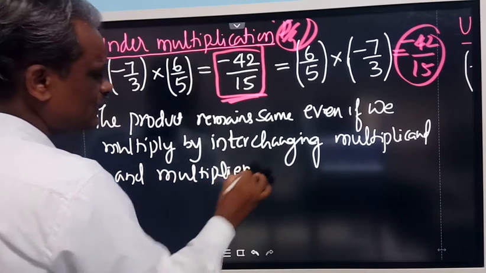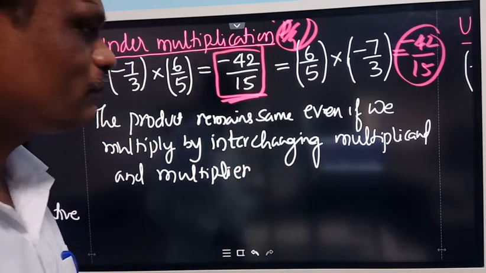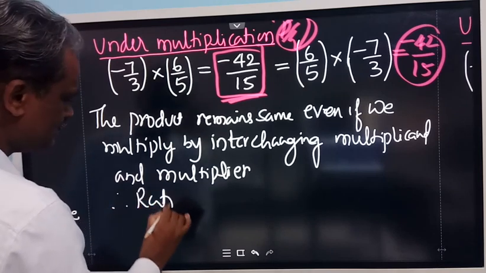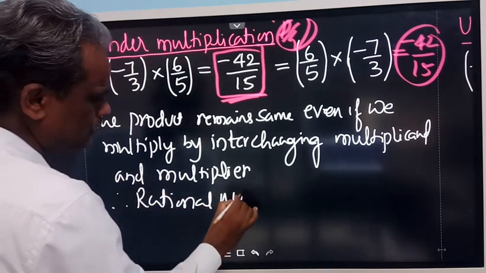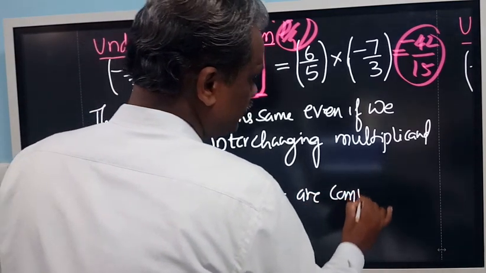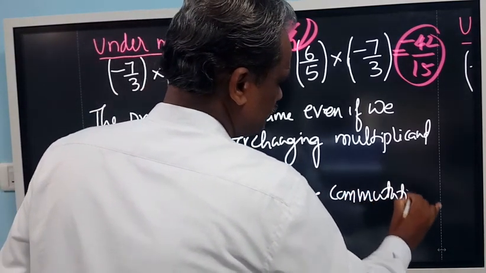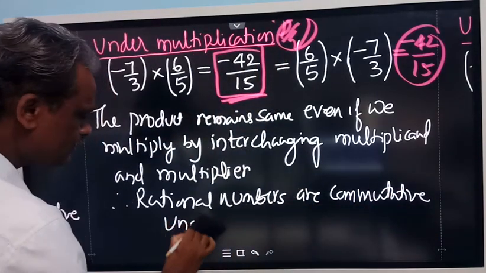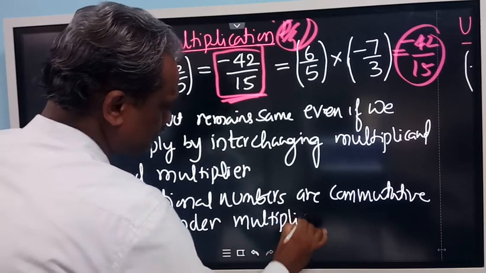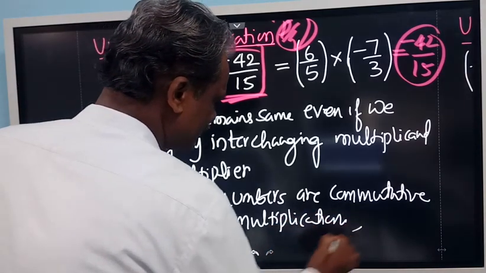You interchange the multiplicand and multiplier, you see the product remains the same. Therefore, rational numbers are commutative under multiplication. They are commutative under multiplication.